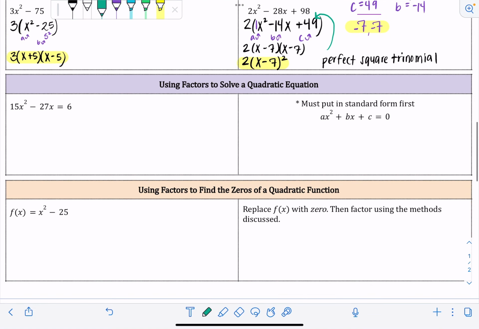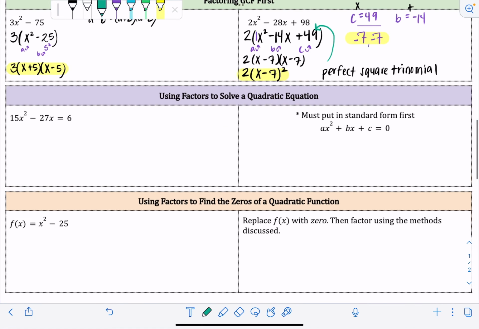Okay, so it looks like we just have a couple more problems. This next part says using factors to solve a quadratic equation. So we factored, now we just need to go one step further. As a reminder, in order to solve by factoring, you need the equation in standard form with everything equal to 0, so everything's on one side of the equal sign.